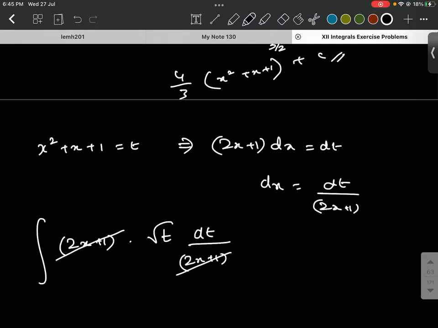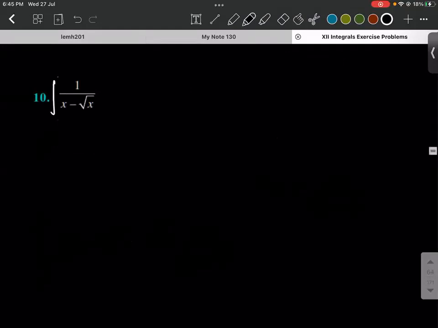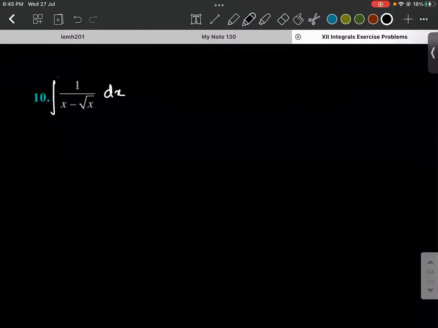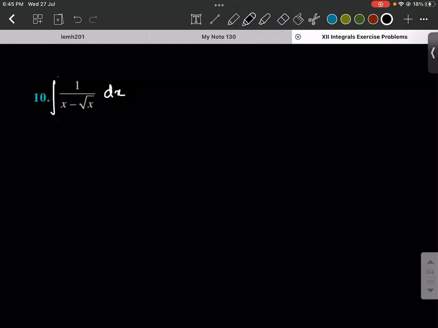You will still have square root of t only. Right? Proceed. Think and then do. Did they give any hint there? No.